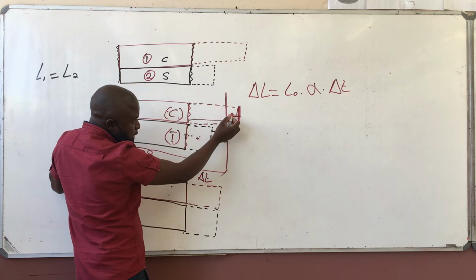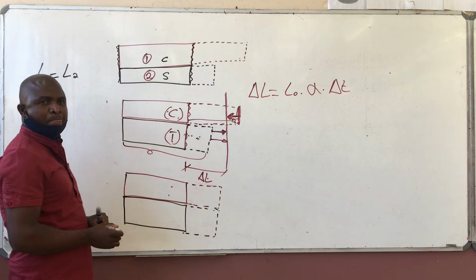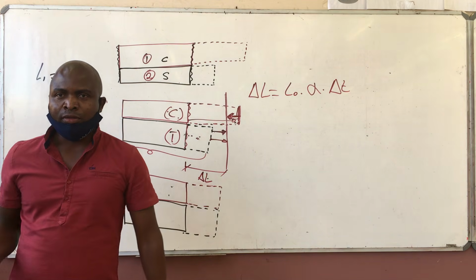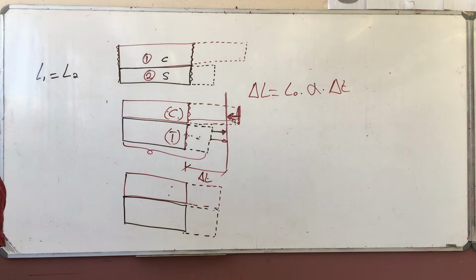But it has been pulled backwards. When you pull, what are we using to pull?